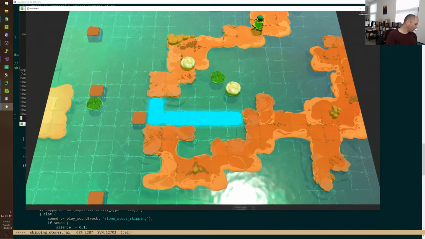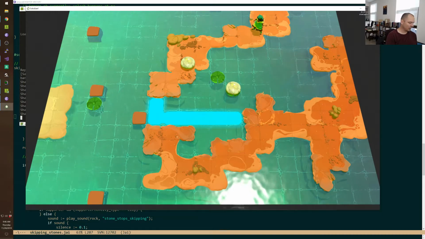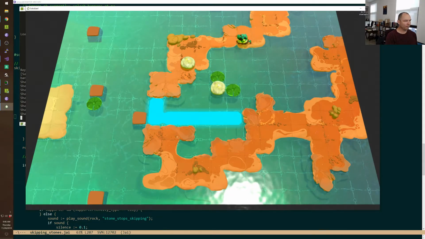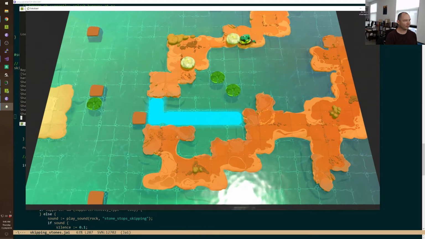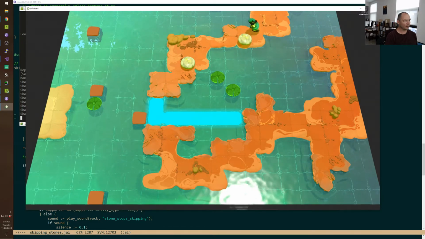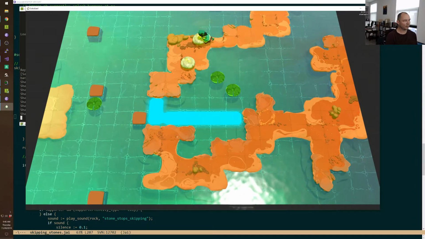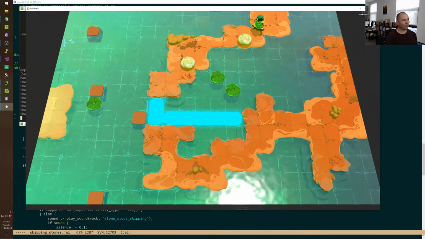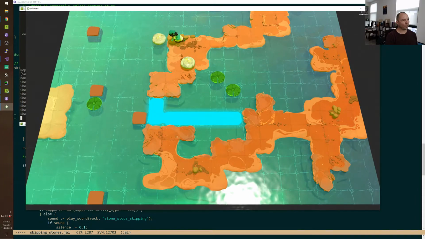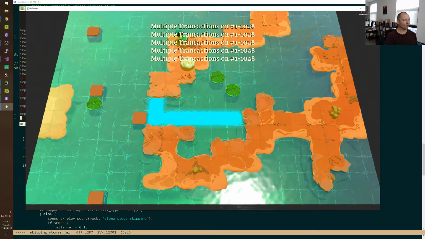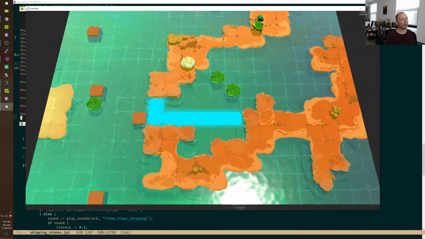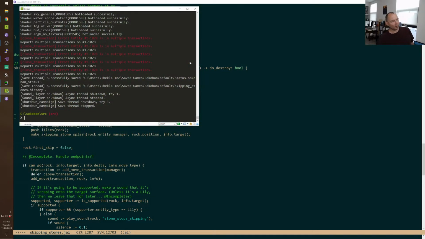Well, here's the thing. I think the next step is to make the undo system work better. Uh-oh. Well, okay. The multiple transactions there is no surprise because undo doesn't work yet.